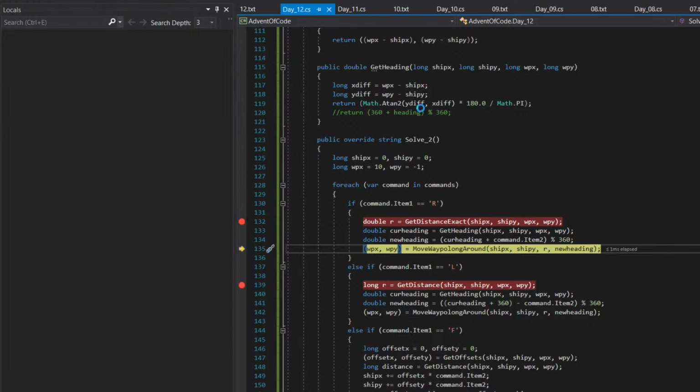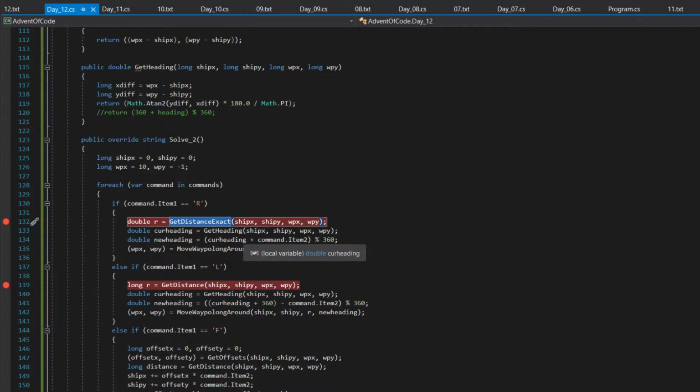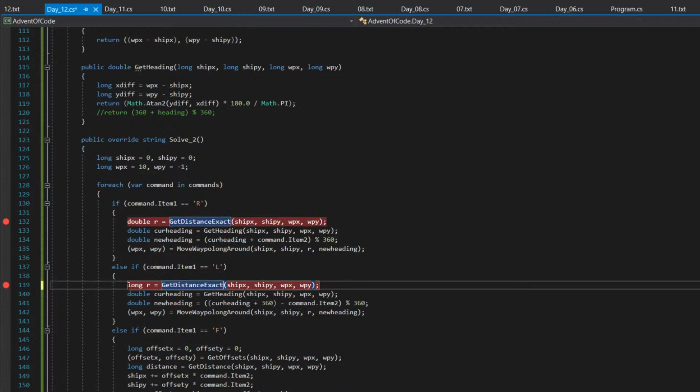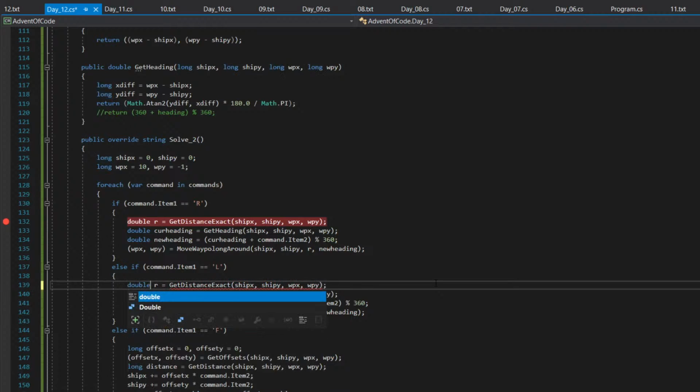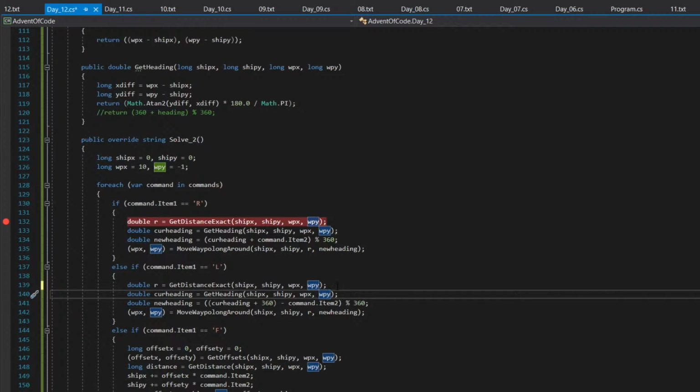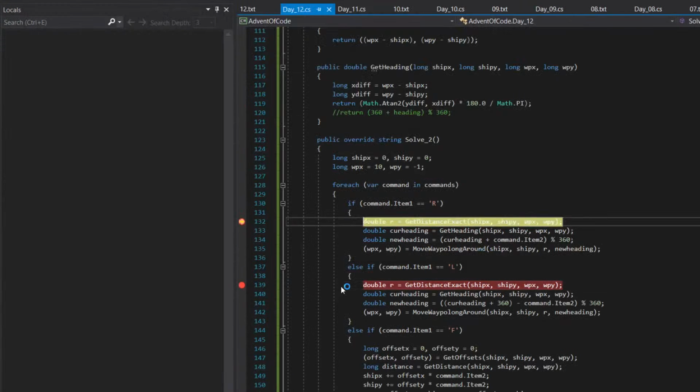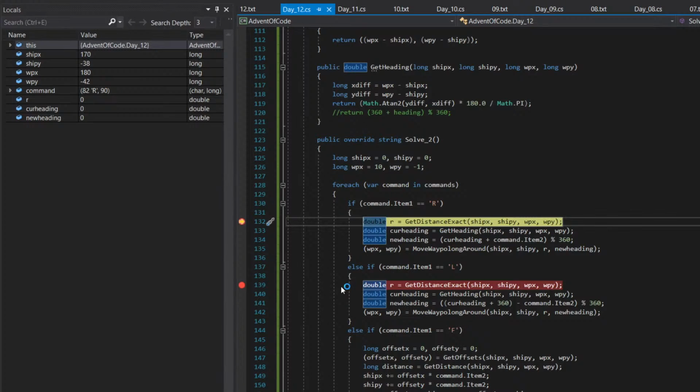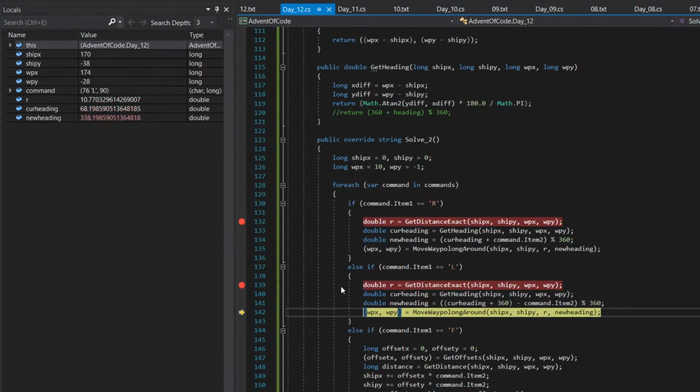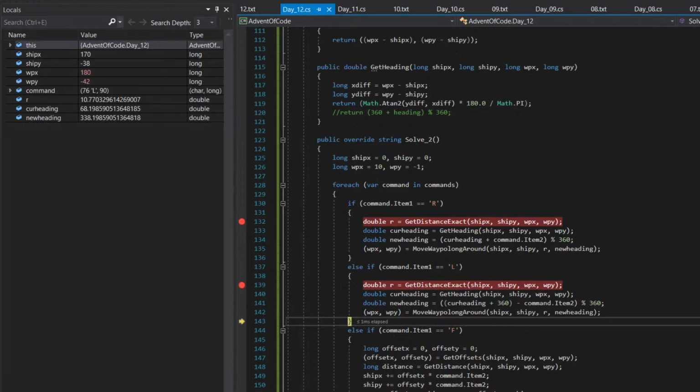I see you here. You're not using the get distance exact. Why are you even... Alright, so let's see if we can get back to 180, negative 42. There we go.